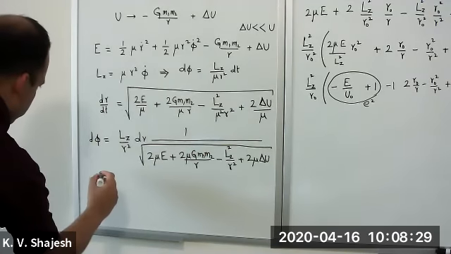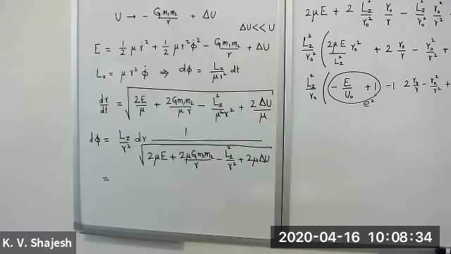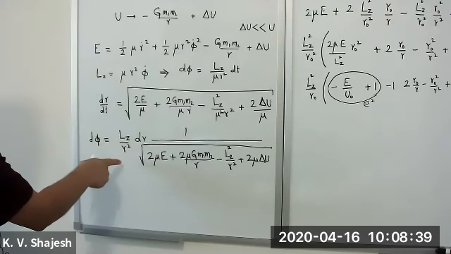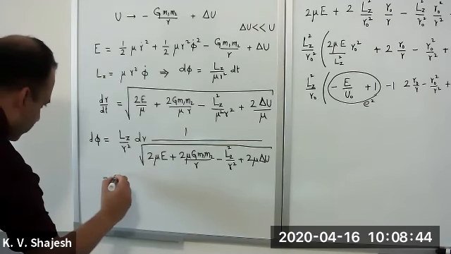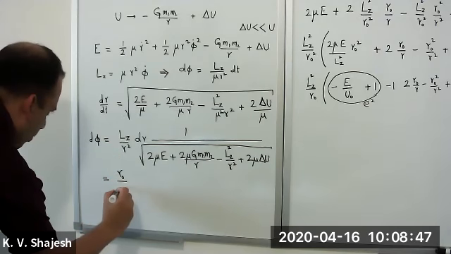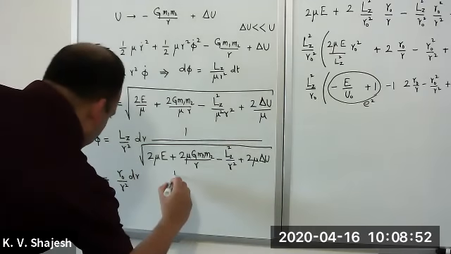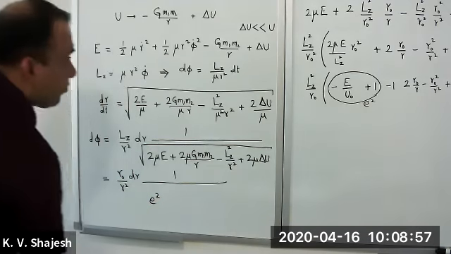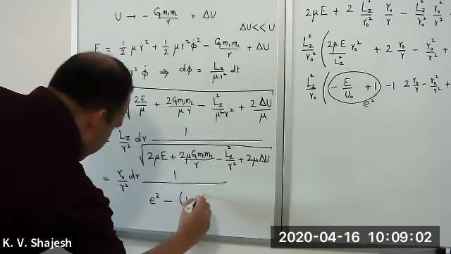LZ cancels out, so what we have is R naught over R square dr, and 1 over e square minus. So there's a significantly simpler form here.